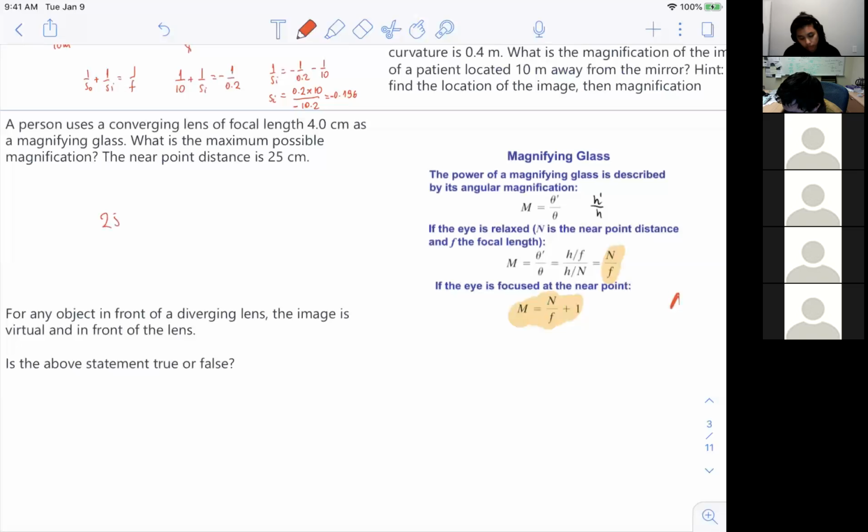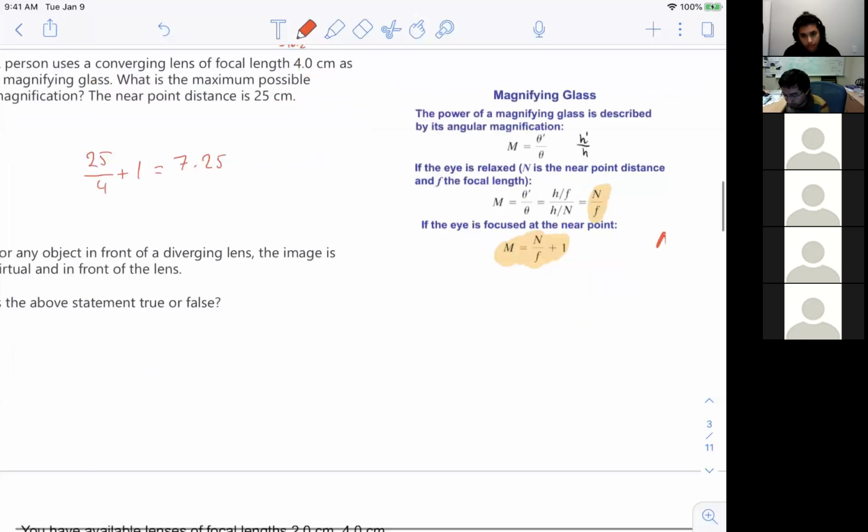It's going to be 25 divided by 4 plus 1, so it's going to be 7.25. How we derive this, if you are interested, I can go over, but for the sake of time, I can just use it.